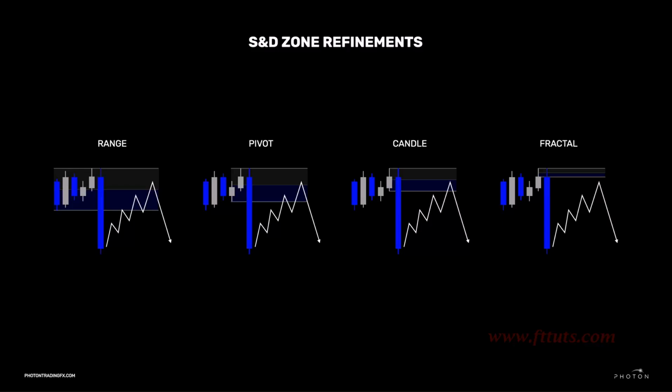And then finally, if you want even further refinement, you can draw the supply zone from just the wick of that last bullish candle of that pivot point within that entire range, okay? So you can see that going from left to right, they are all the exact same price action example, but you are just refining it further and further as you go across to the right.